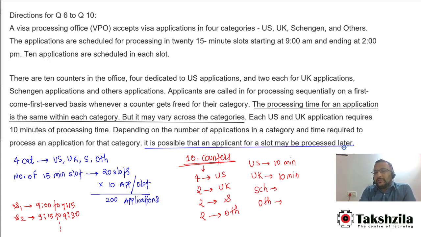For example, if some applicant is given an appointment of 9:15, it is not compulsory that the application process for that applicant gets done before 9:30. It may get delayed depending on the time taken by the applicants before that particular applicant.